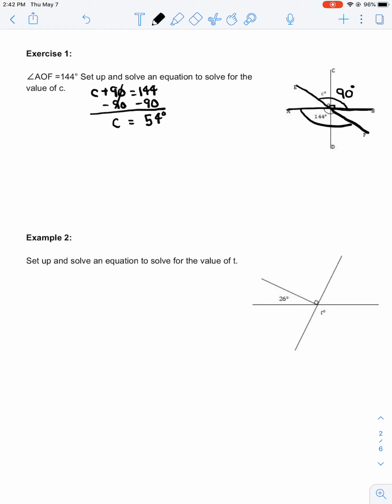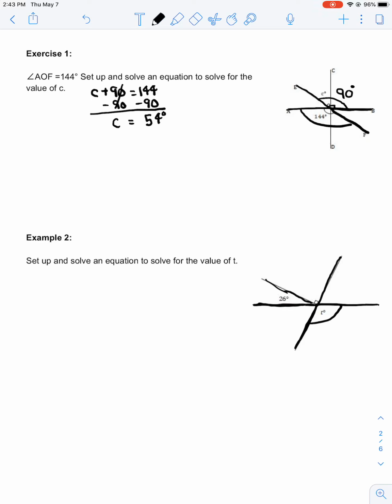Our next problem works the same way because we're going to set up and solve our equation, and we need to solve it for T. Well, here's T right here. So if I look at these, I have this angle right here. If I try and find that angle that is opposite, I actually have two angles that meet that criteria, which is here and here.